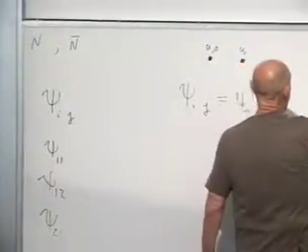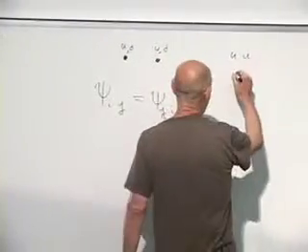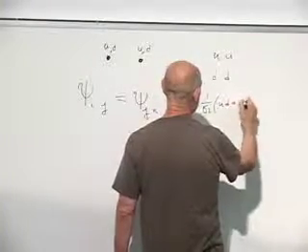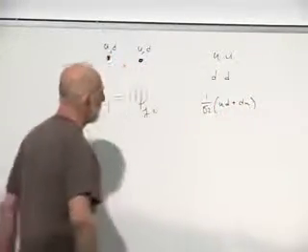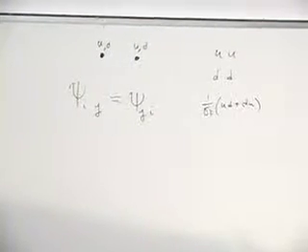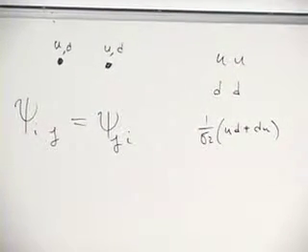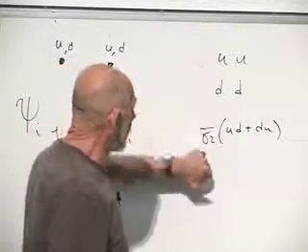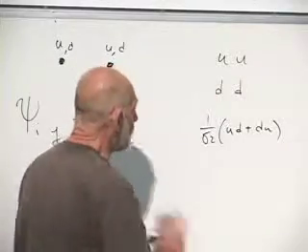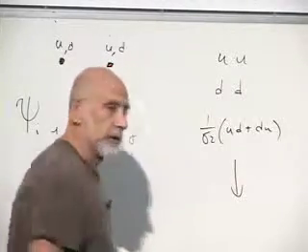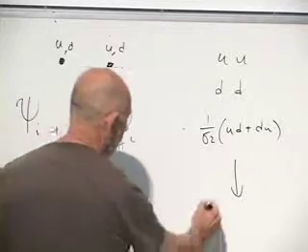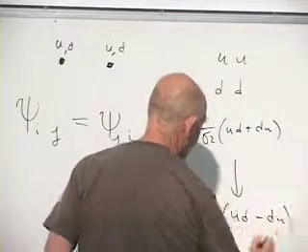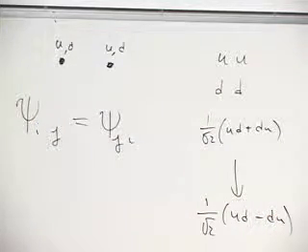I can tell you what they correspond to. They correspond to up up, that's symmetric, down down, and 1 over square root of 2, up down plus down up. Those are the 3 which are symmetric with respect to interchange, and they have the property that when you act with the group SU(2) on them, they mix among themselves, but do not mix in the last one, being 1 over square root of 2, up down minus down up, the antisymmetric combination.